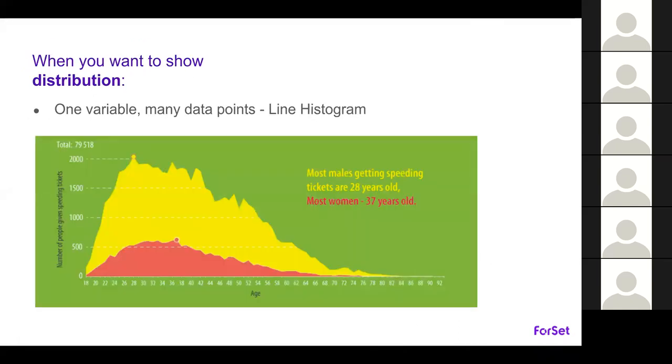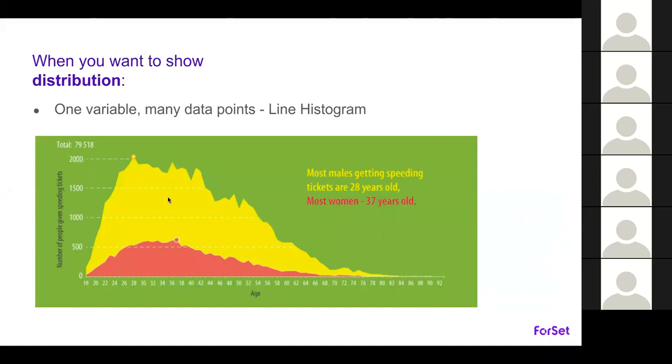Actually, this is the only case when we have used a line histogram, to show the age of males and females who have received speeding tickets in Georgia. When we have been showing this chart to different groups, we have been receiving mixed feedback.